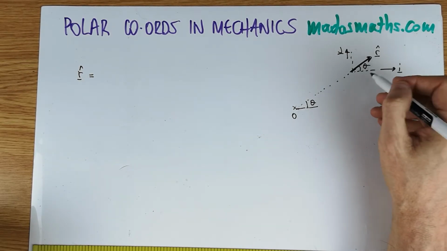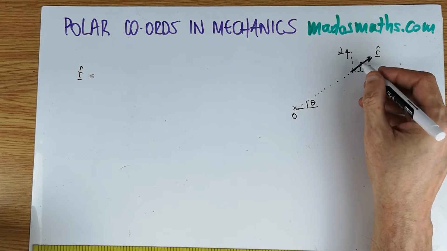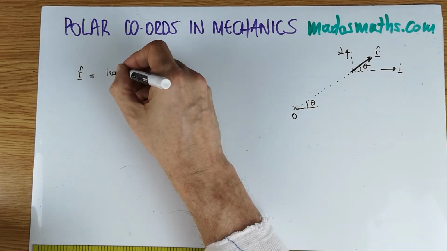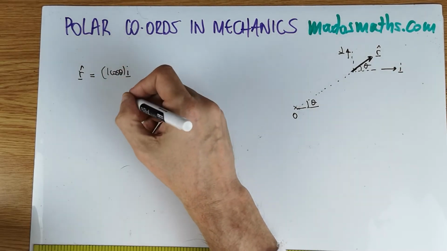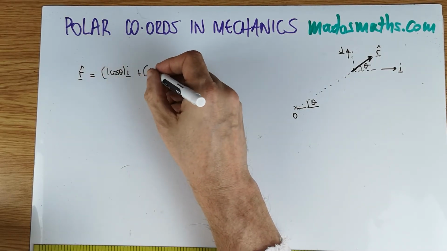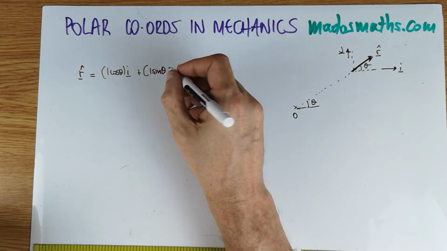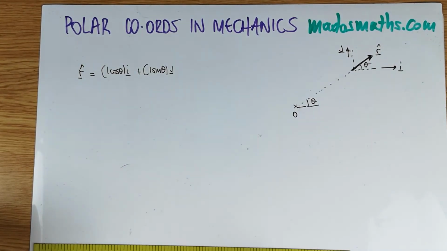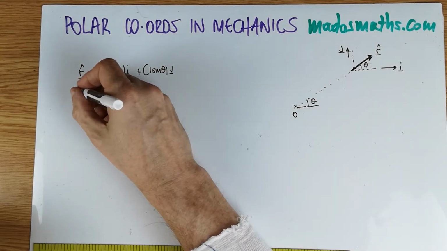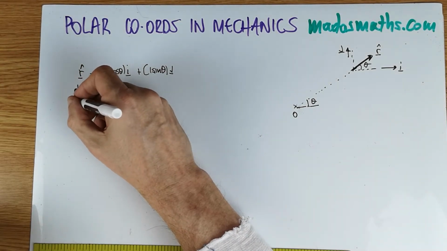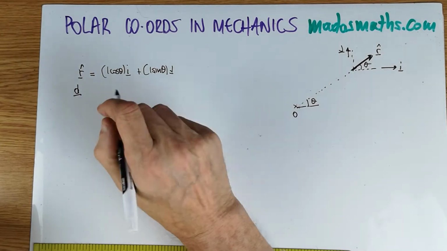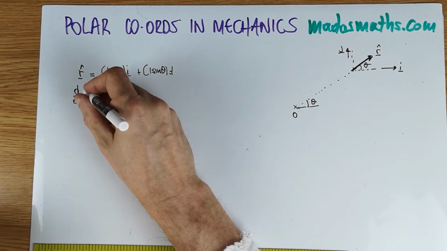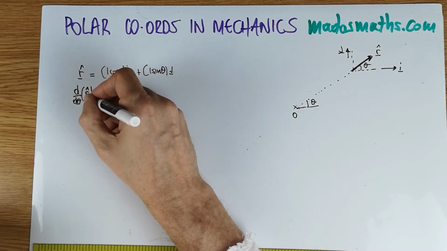And therefore, since it's unit length, this is going to be 1 cos theta in the i direction, plus 1 sin theta, I'm not going to be writing the ones eventually, just wrote it there for completeness, in the j direction. So now I want to differentiate this with respect to some kind of variable. And the variable that I'm going to differentiate, these are functions of theta. So I'm going to do d by d theta of my r hat.